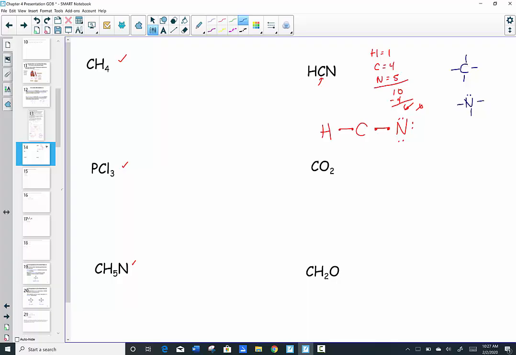Right now our structure is not yet complete. If we were to take 2 sets of dots from nitrogen and bring them together into a shared pair between the carbon and nitrogen, we can satisfy the bond requirements of both atoms.